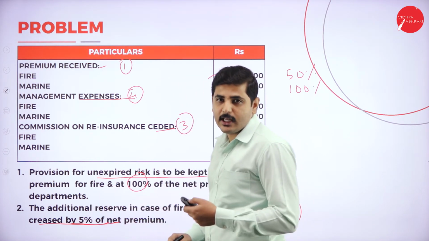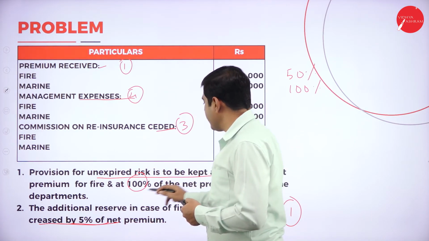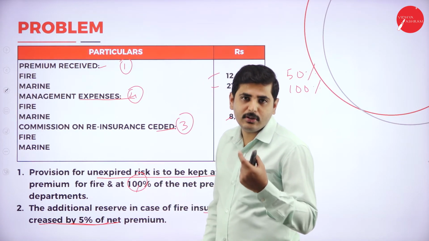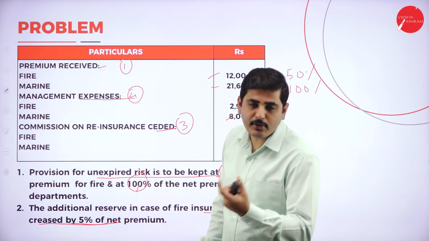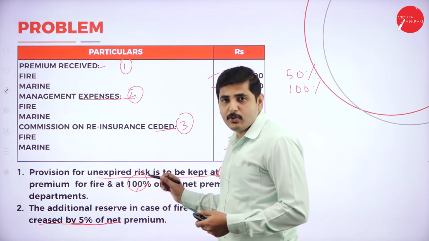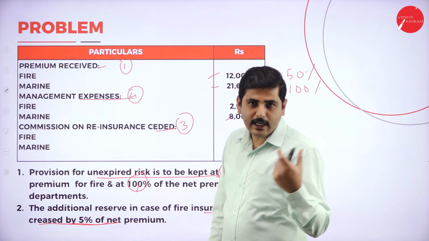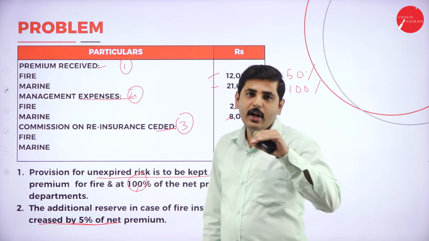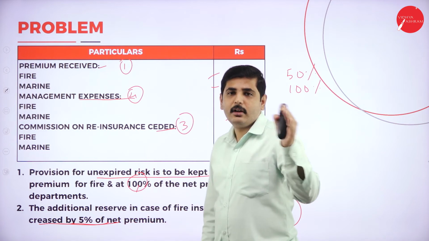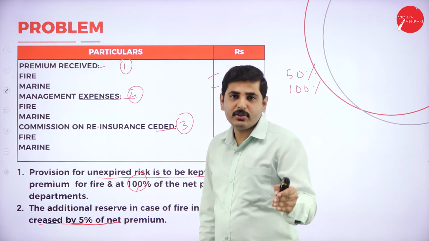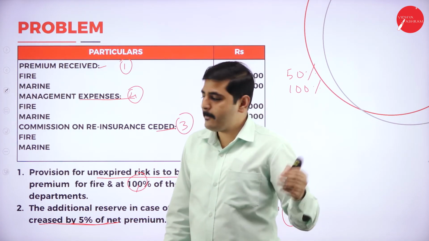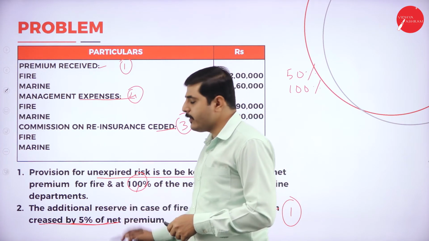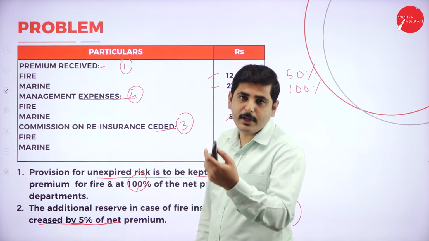What adjustments are given? So this 50% and 100% is a rule. Even though they may not give it, we have to show 50% of the total premium received or net premium to be deducted as a reserve. We have to transfer from premium account to reserve account 50% in case of fire insurance, 100% in case of marine insurance. Next, if they give additional reserve, again add the additional reserve out of the total premium.